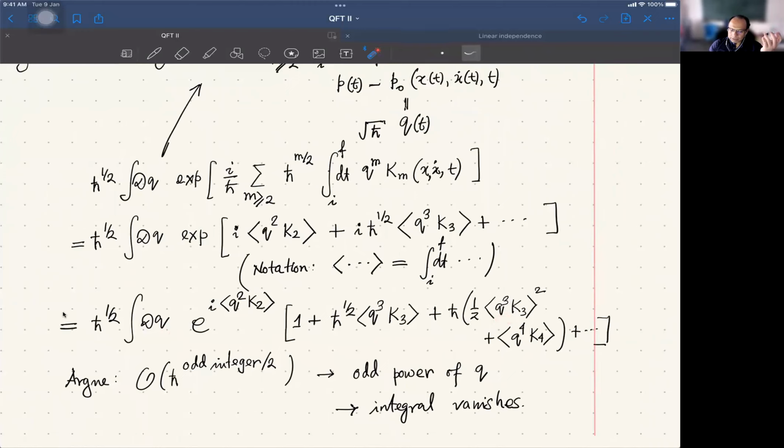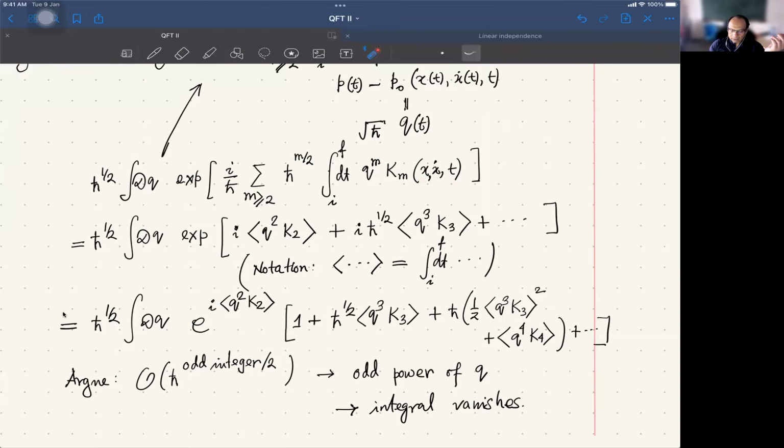The q will be eliminated, and the factors k3, k4 all depend on ẋ and t, and after performing the q integral, it will be a function of ẋ and t with integer powers of ħ.